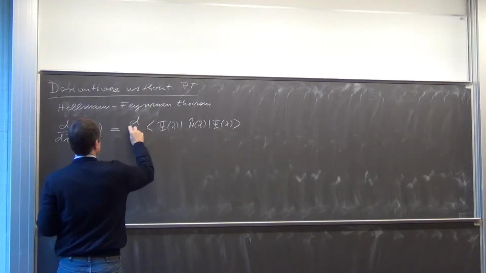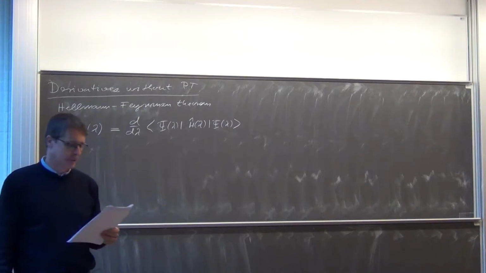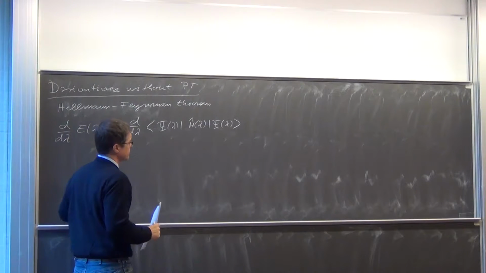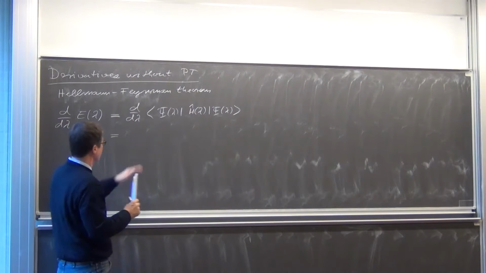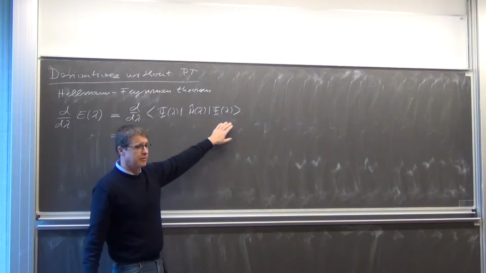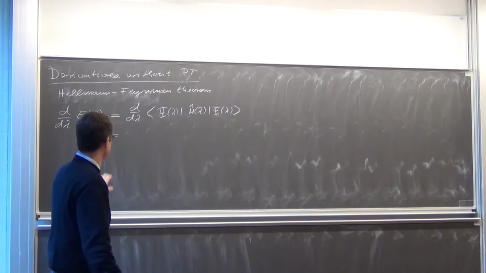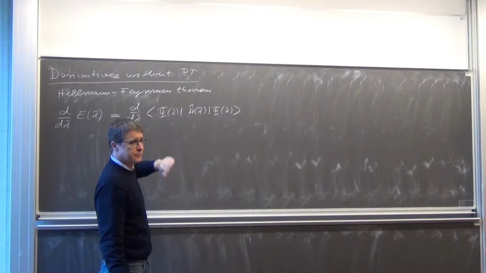And I want to take the derivative with respect to lambda. And again, like before, lambda is not one of the integration variables, so I definitely can take the derivative with respect to lambda and interchange it with the integration.